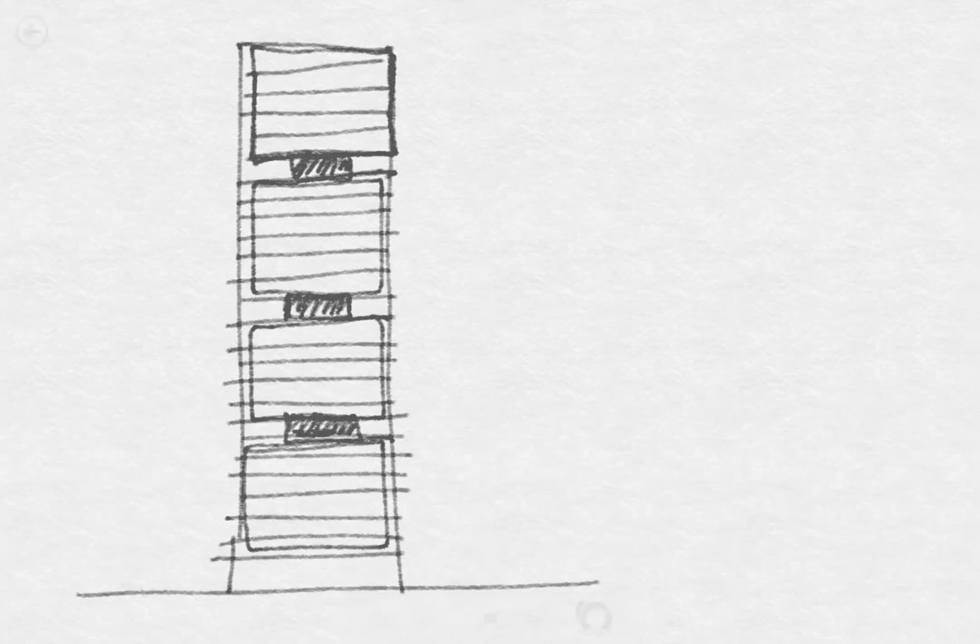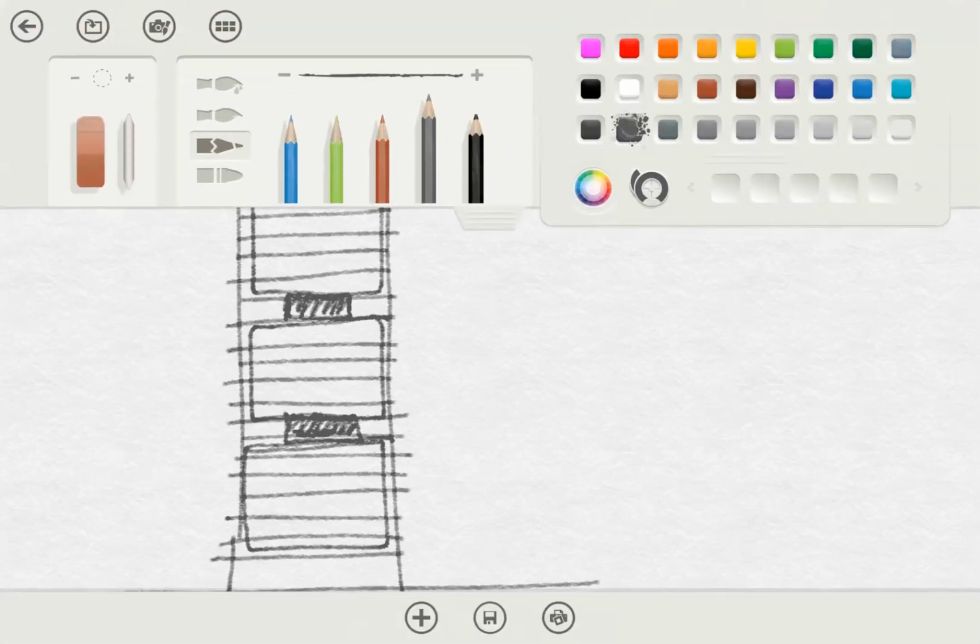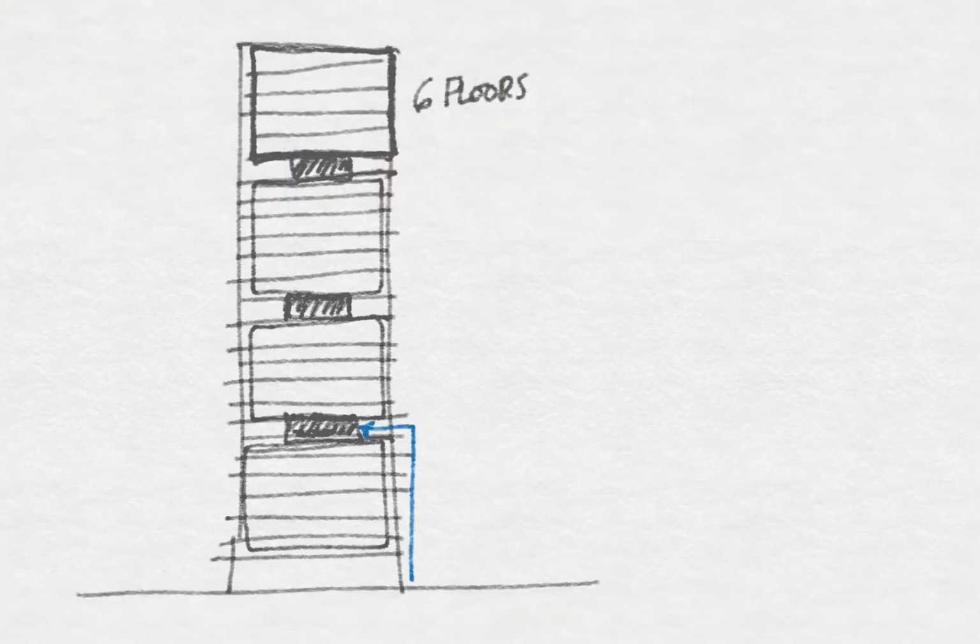So what I'm doing is considering like 1, 2, 3, 4 small buildings, let's say like 6 floors each. Now I'm dividing the problem, and then I have different supplies. I have a supply circuit for this mechanical room, another supply circuit for this mechanical room, and another for this one.